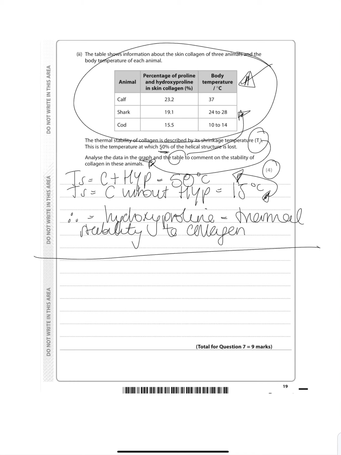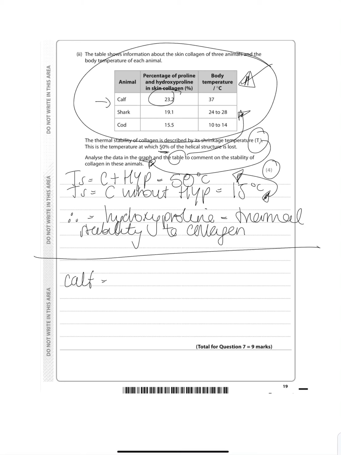Right. What we can see here is that calves have the highest percentage of proline and hydroxyproline in the skin collagen. So therefore, their skin collagen will be the most stable. So we mention them.